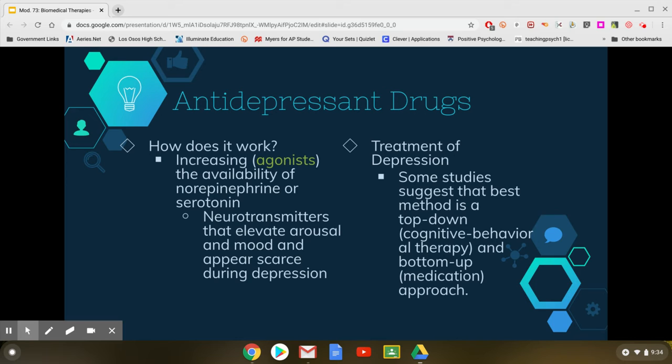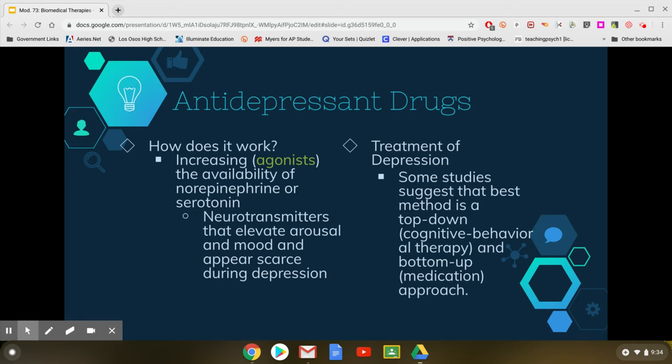They are mostly agonists. It increases the availability of norepinephrine or serotonin, depending on the particular drug. And these neurotransmitters elevate arousal, hence the norepinephrine, and mood, that's serotonin, that appear scarce during depression. And when we look at antidepressant drugs, they are most often used in combination with some other type of psychotherapy.